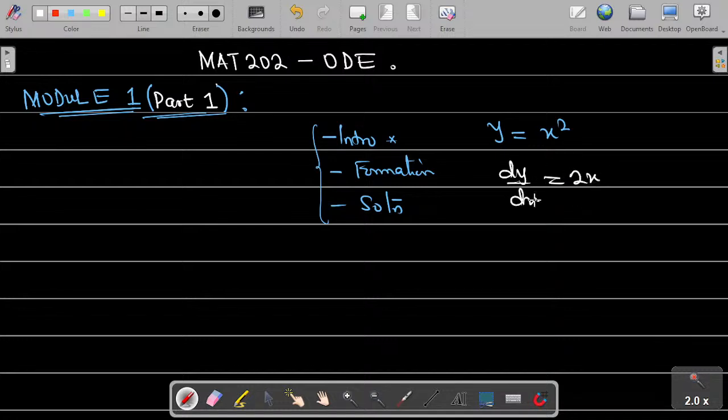Remember we said that you can write dy/dx as y prime. If you take this over here, you will have y prime minus 2x equal to 0. A differential equation is generally defined as an equation that contains some derivatives of the dependent variable y.